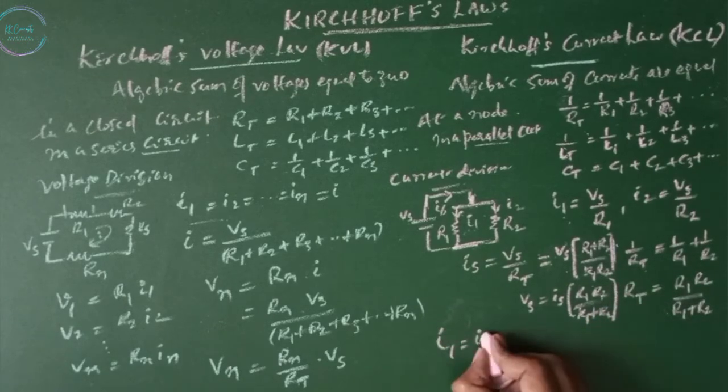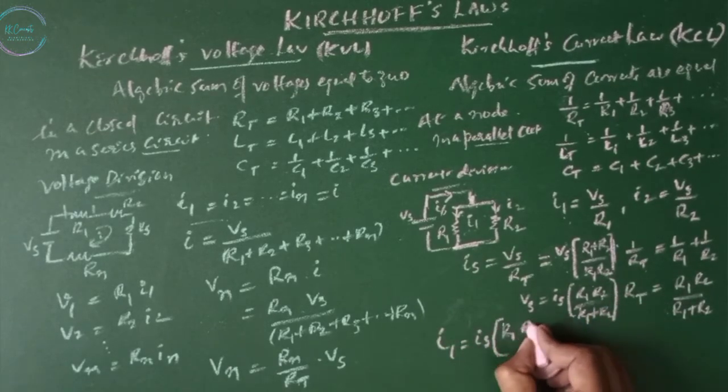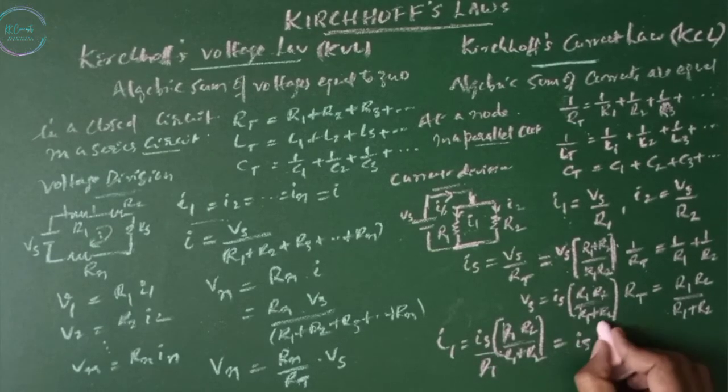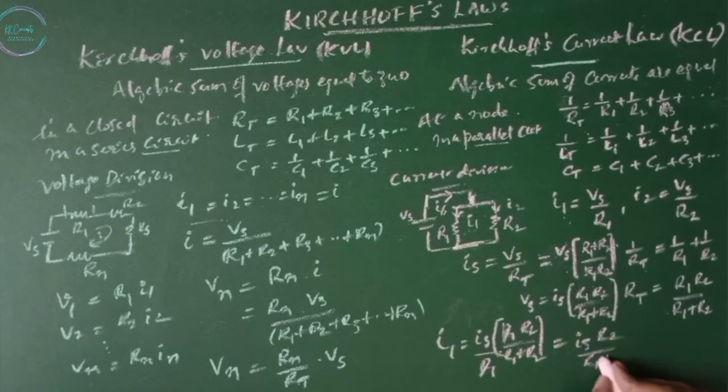I1 equals Is R1 R2 divided by R1 plus R2, divided by R1. R1 gets cancelled, and you are going to get Is R2 divided by R1 plus R2. The current in any branch is equal to the ratio of the opposite branch resistance to the total resistance value, multiplied by the total current.